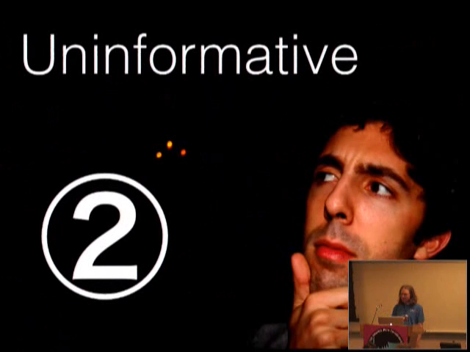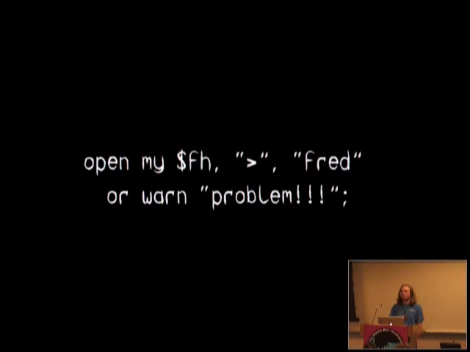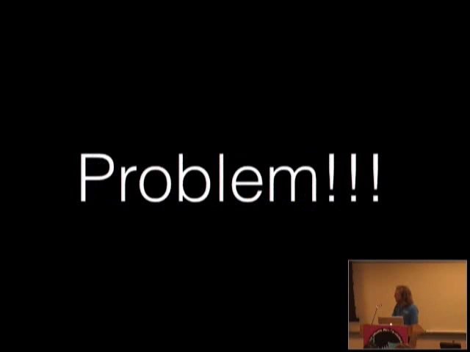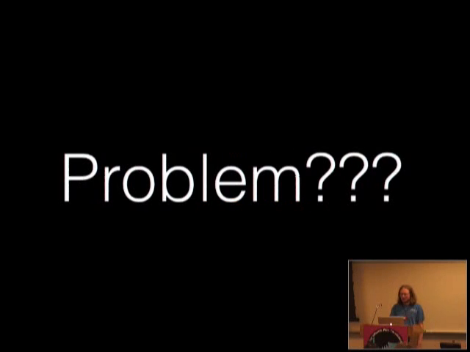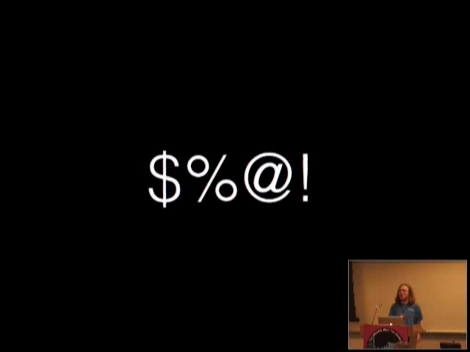They're not particularly informative. There's a problem. A problem? What problem? Okay, so you need to go look in $pling in this example here, or $bang, depending if you're a mathematician or a linguist.